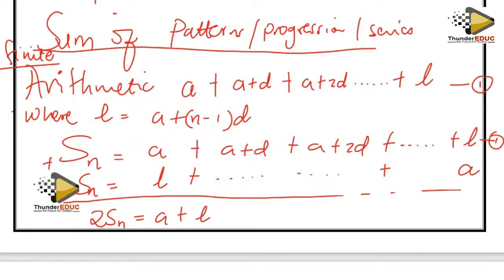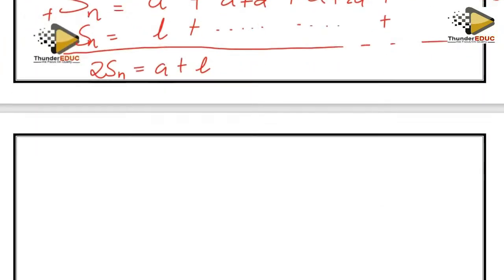Okay, then from there I can divide both sides by 2, which means my Sn is going to be n over 2 into (a plus L). Can put this in brackets.